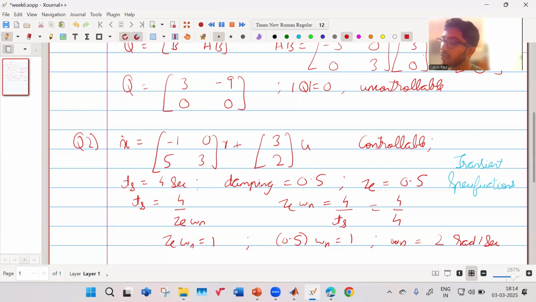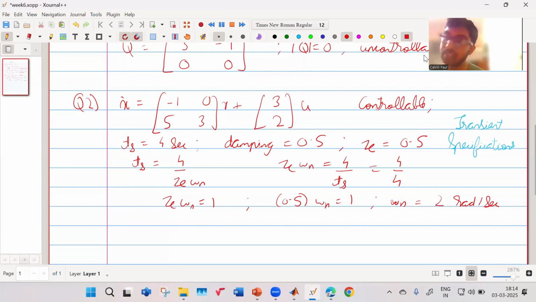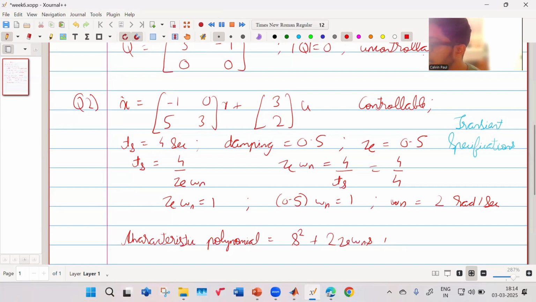Okay. From that, we found out what should be our damping and what should be the natural frequency of our closed loop system. From that, we can find out what should be the characteristic polynomial of our closed loop system, so that our characteristic polynomial should be equal to s square plus 2 zeta omega n s plus omega n square.